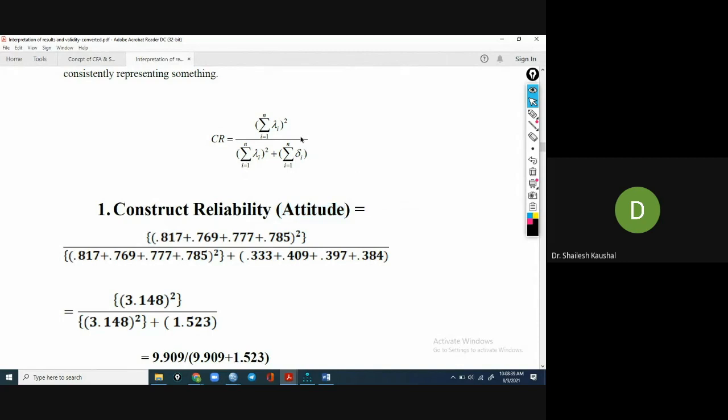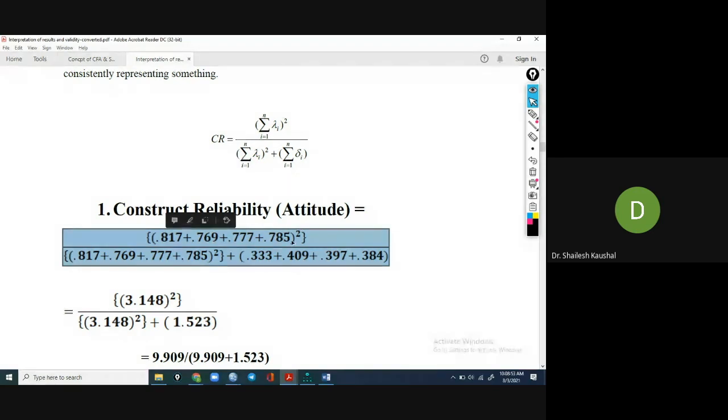In the first stage, we add all the factor loadings: 0.817, 0.769, 0.777, 0.785. We add all the factor loadings and then square, and then divide by the same value that we can see in the denominator, the squared sum plus the error term.